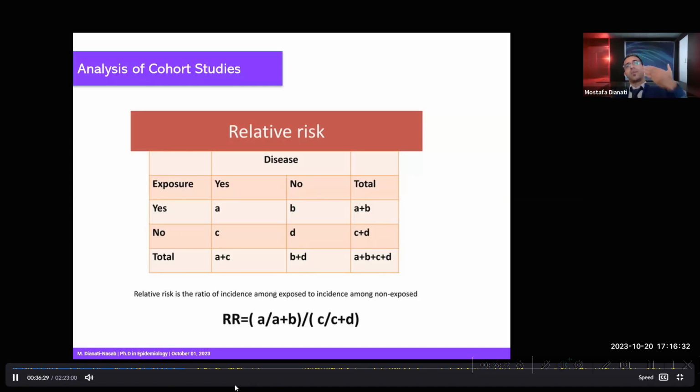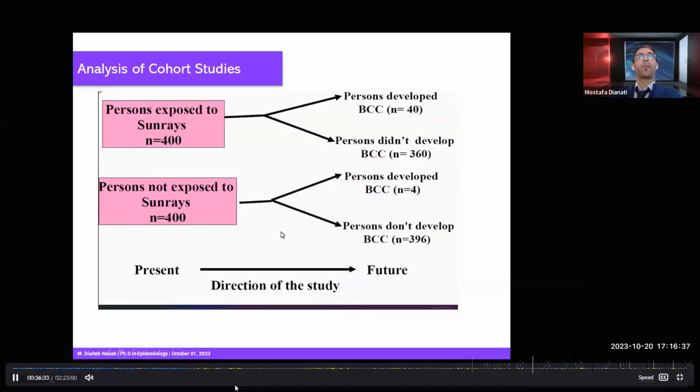So this is the way that we calculate RR, or relative risk. Don't confuse it with odds ratio. Odds ratio was for case control study.